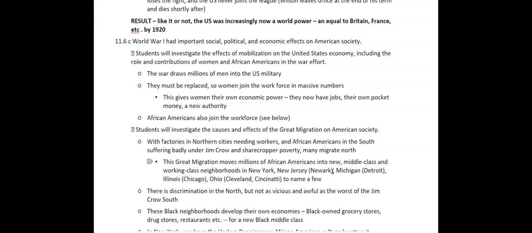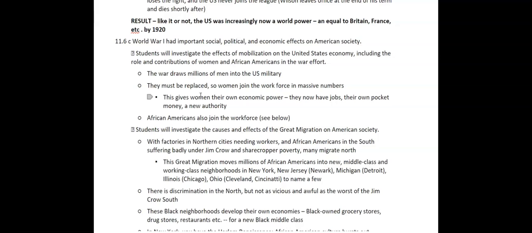Note, World War I had important social, political, and economic effects on American society. The war draws millions of men into the U.S. military. We need guys to take those factory jobs to keep them going. Well, not guys. Women join the workforce for the first time in massive numbers.